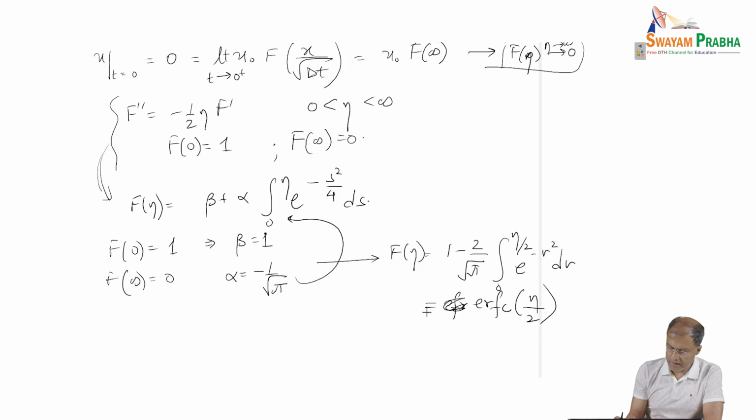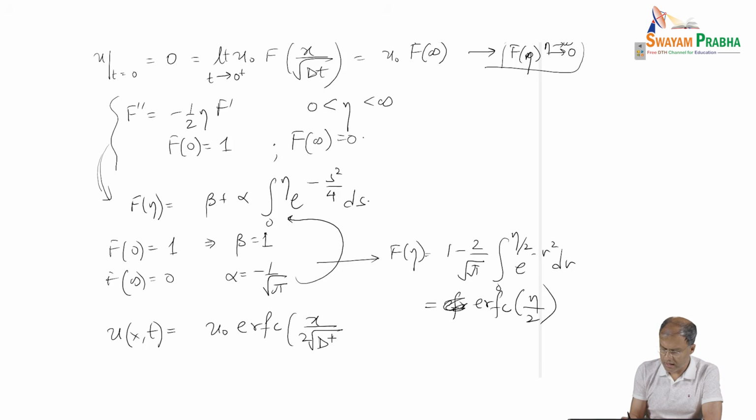And so my final form of the solution u of x comma t is u naught times error function complement of x by 2 square root dt.